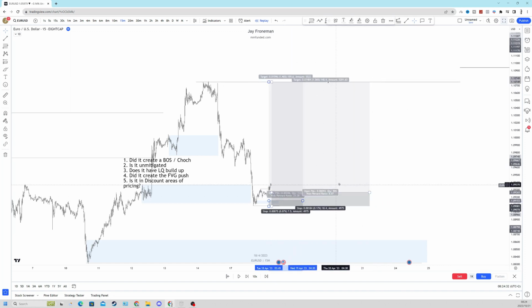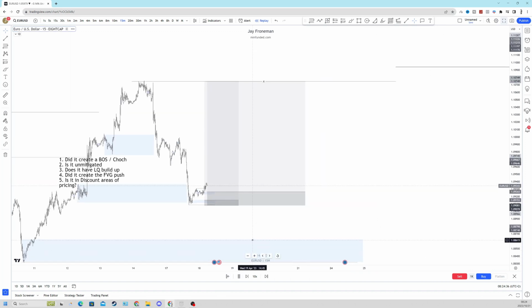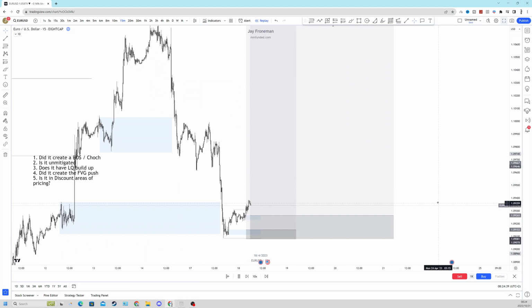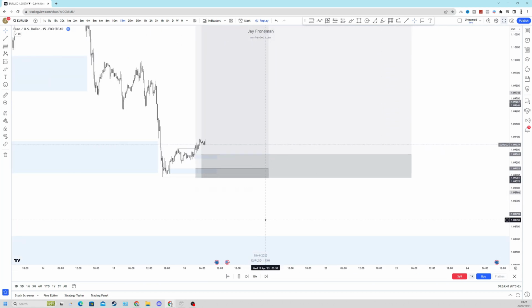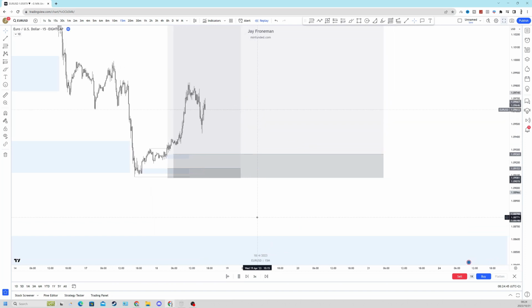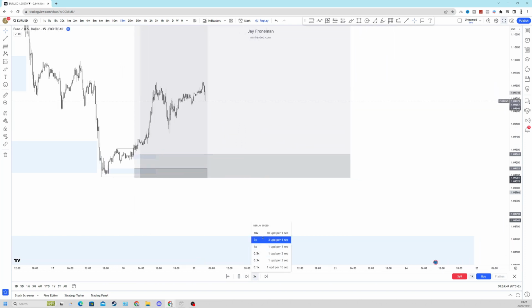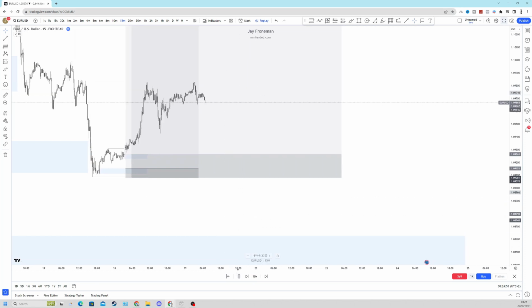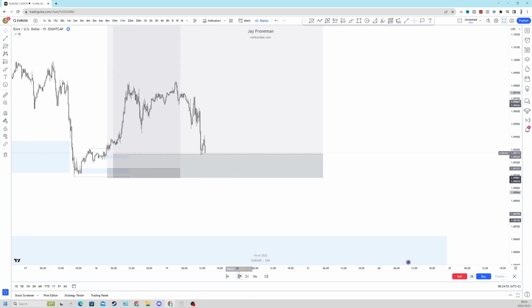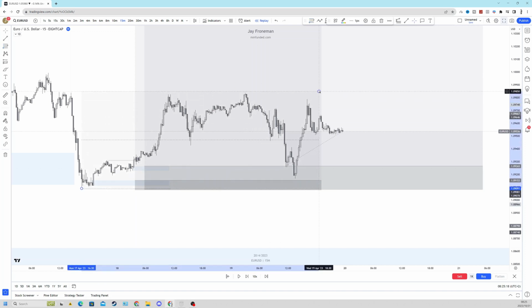Okay, so let's see how price plays out and what we mitigate first. Okay, so in this scenario, we mitigated the recent zone, which actually did eventually end up becoming in discounted areas of pricing.